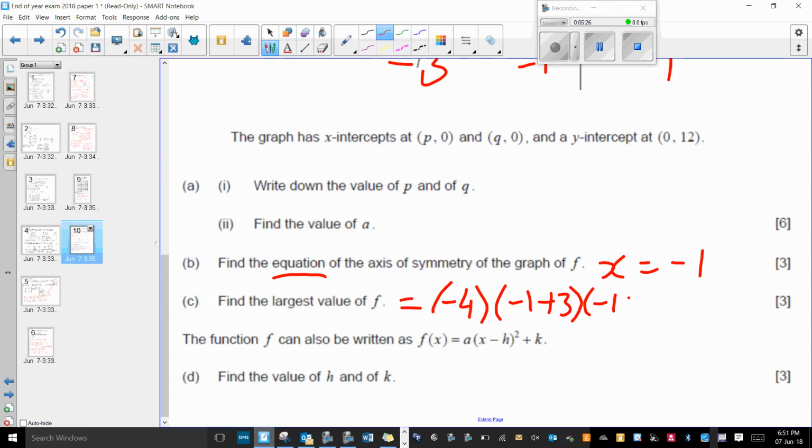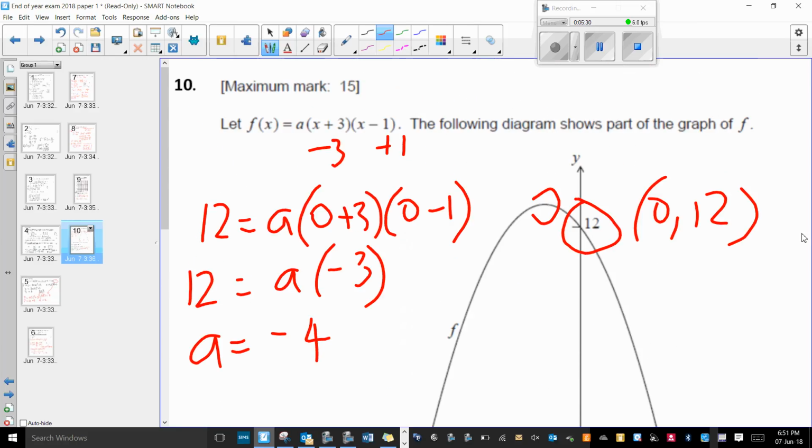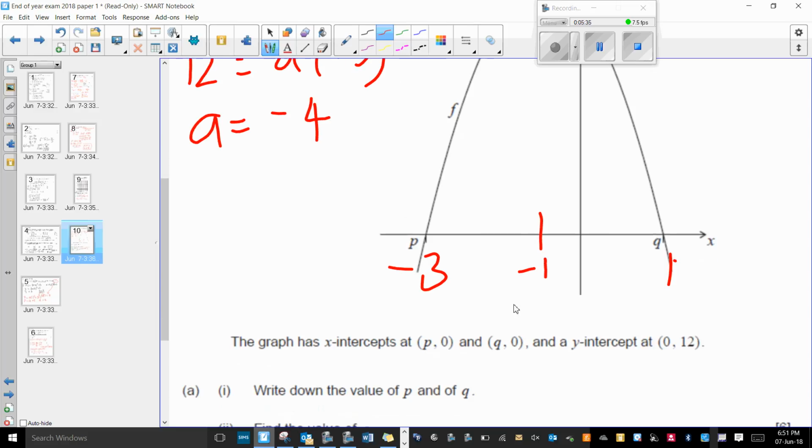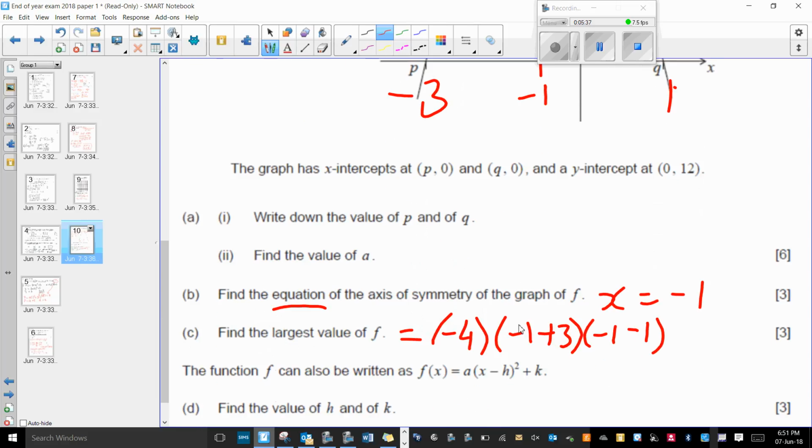Okay, so we're using this formula, a x plus 3 x minus 1. So that's the x we know is -1. So we've got -4, -1 plus 3 is 2, and -1 take away 1 is -2. So -4 multiplied by 2 is -8, multiplied by -2 is +16. So the maximum value is 16.